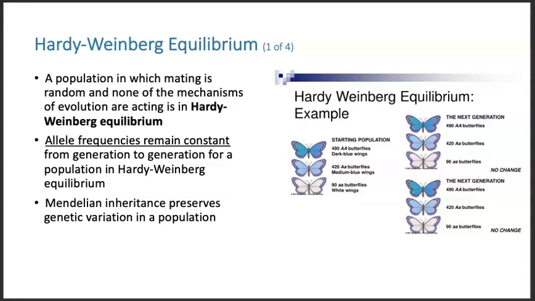Another thing that's really important is that the actual numbers staying the same from generation to generation is not as important as P and Q staying the same. Remember that P and Q are allele frequencies, and those are proportions.